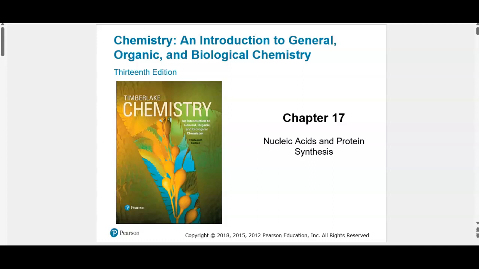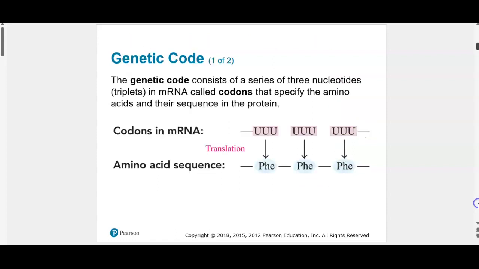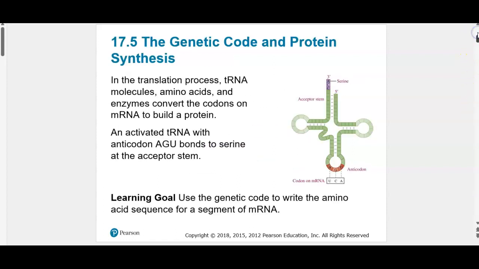This is section 17.5, entitled The Genetic Code and Protein Synthesis. We've talked about nucleic acids, we've talked about DNA replication, we've talked a little bit about RNA transcription, the transcription of genetic material, the genetic information in the DNA transcribed to messenger RNA.